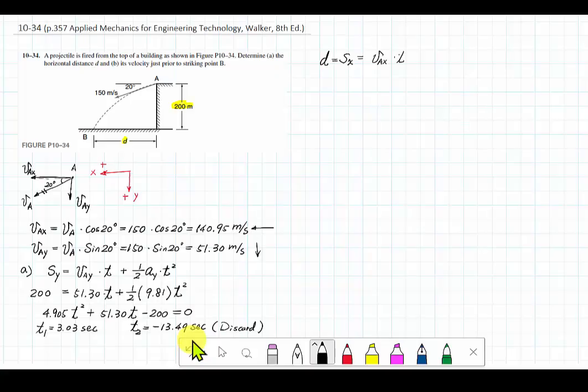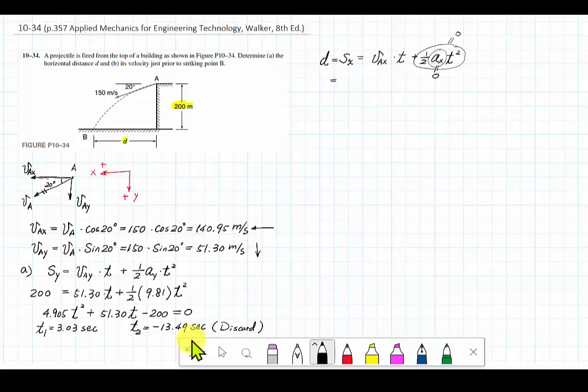If you want, the standard equation should have half ax t squared, but because ax equals 0, the whole term equals 0. So we only have VAX times time here.